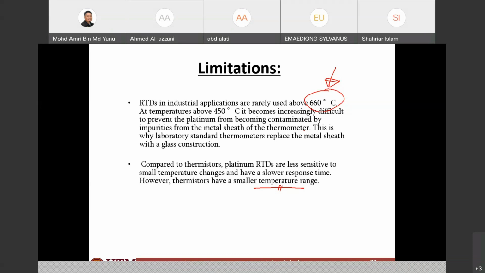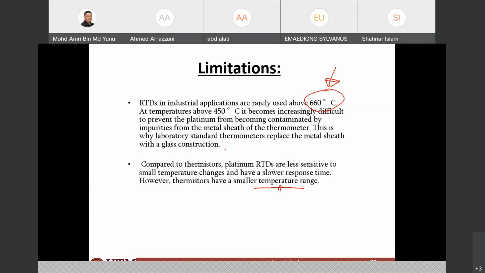So basically the metal sheath will be partly melted. Some of the particles will be absorbed into the core and then fuse with the sensing element.